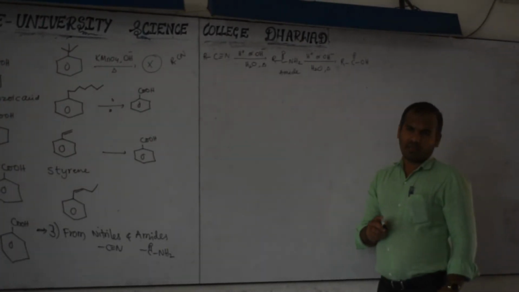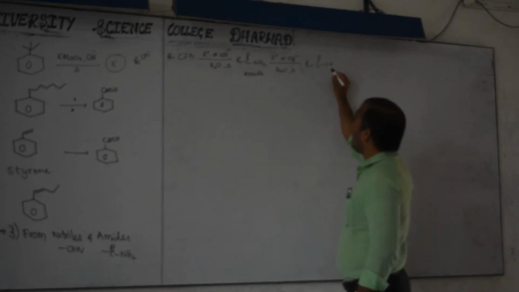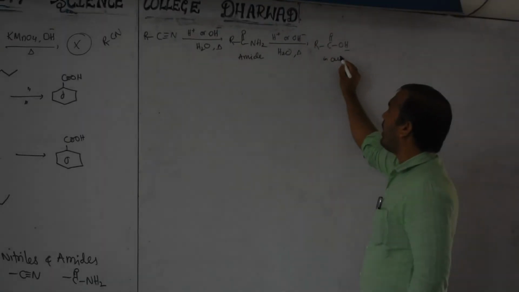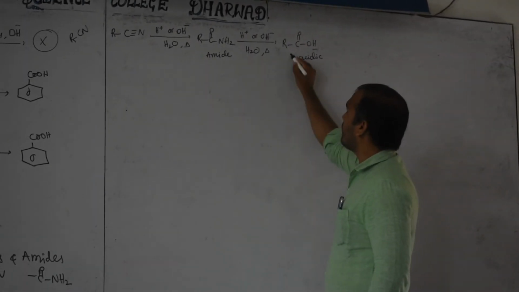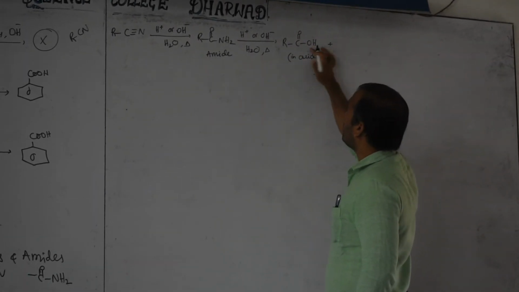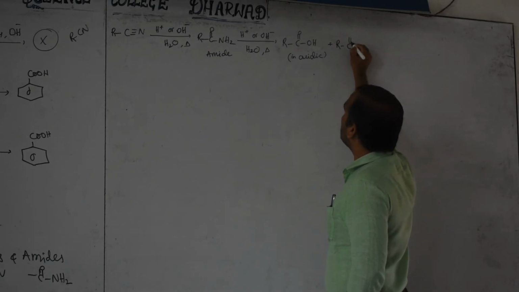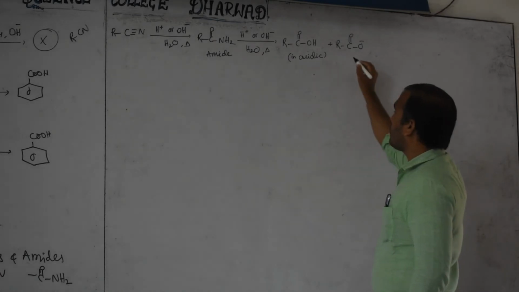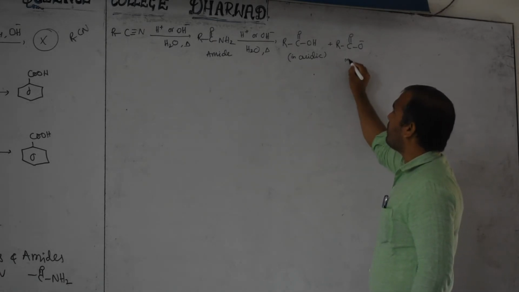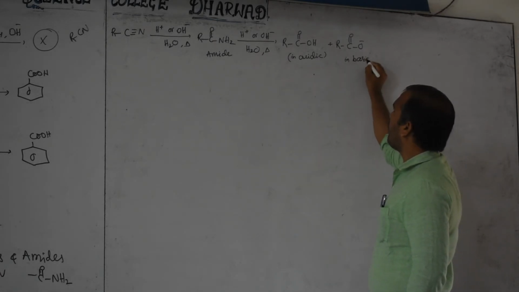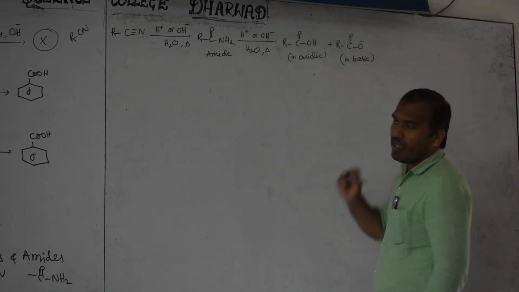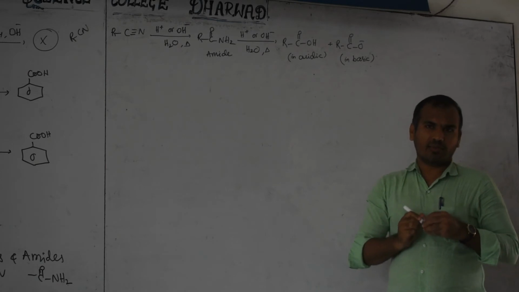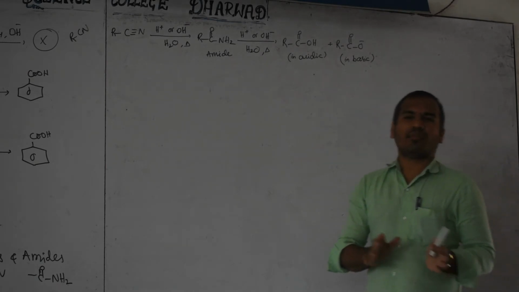Keep in mind, be very careful. Here H will come in acidic medium; this is the product in acidic medium. Otherwise, in basic medium the product is R C double bond O minus. This is generally asked in competitive exams because students know only that cyanides convert into carboxylic acid.